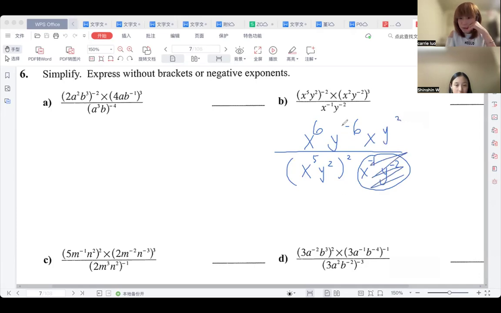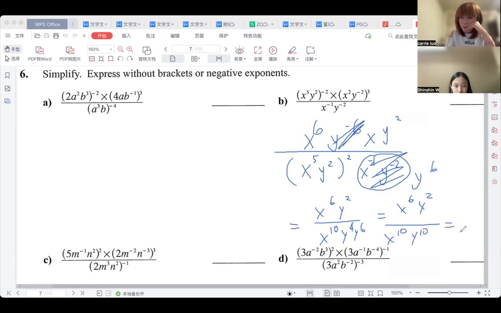And this one, I can put them down, y power 6. So the answer is x power 6, y squared, and x power 10, y4, and y6. So x6, y2, and x10, y10. So it's x4 and y8, 1 over. Did you get the same answer?